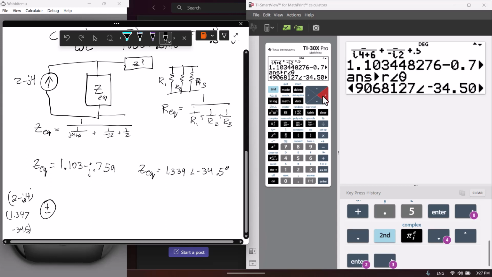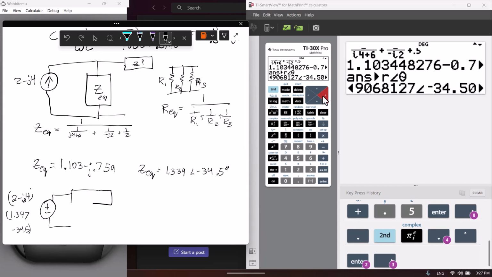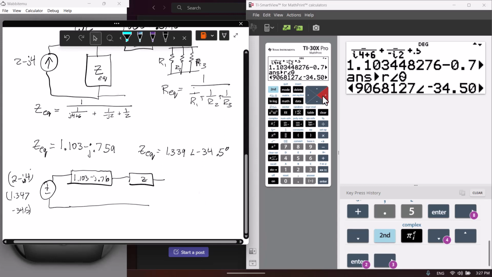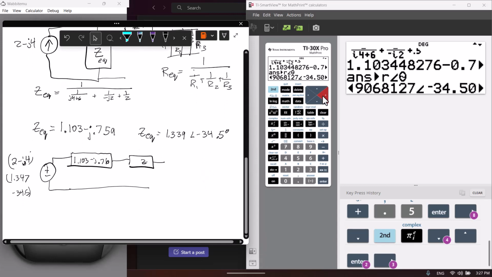So that would be my voltage source. And then my impedance, 1.103 minus J.76. And then I want to add some other impedance in here in order to make my total impedance real.